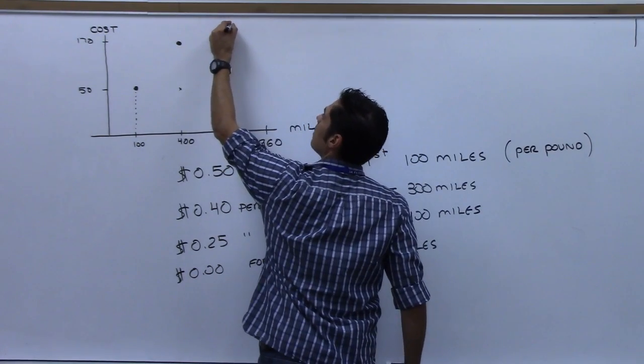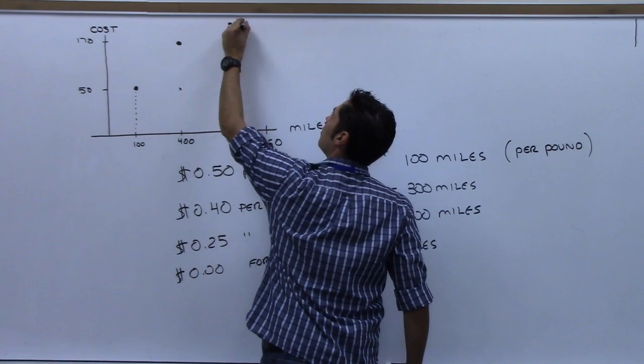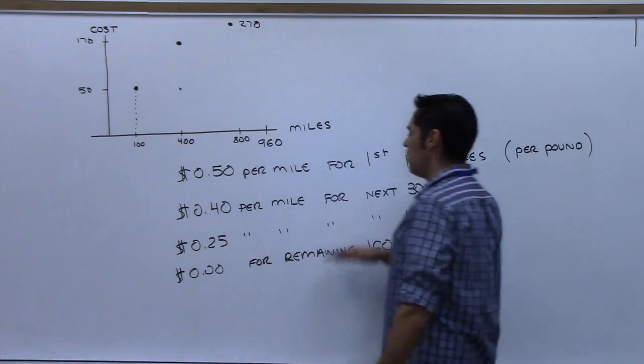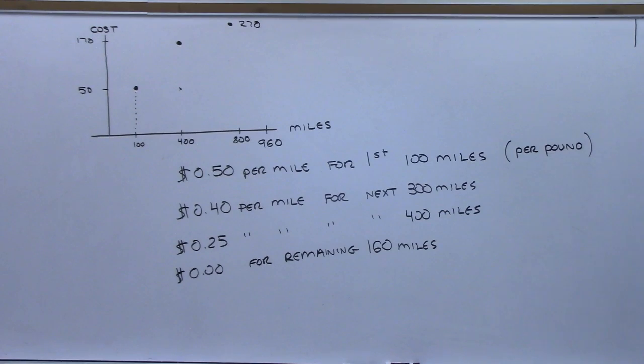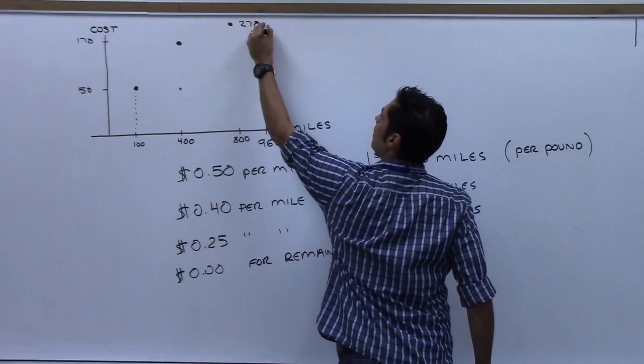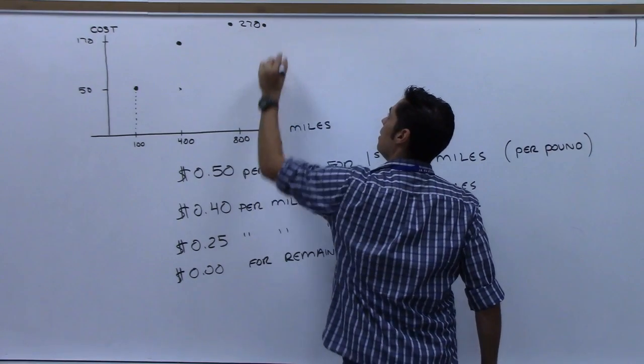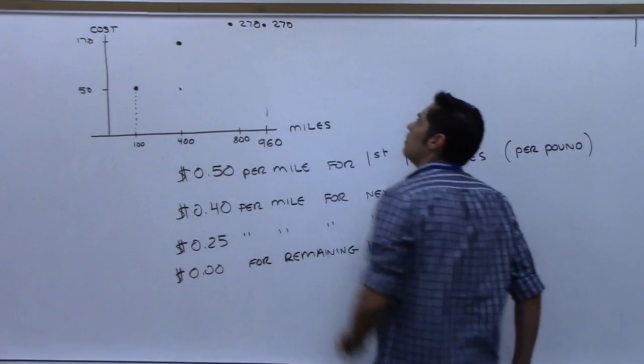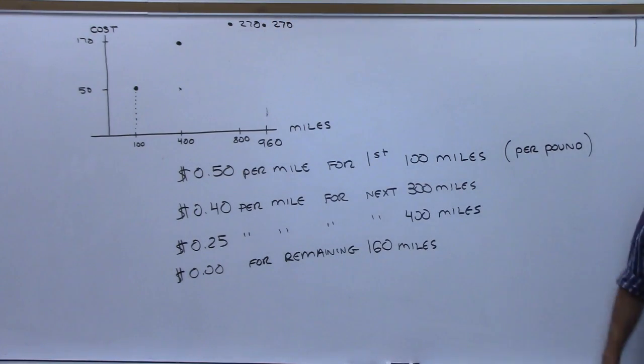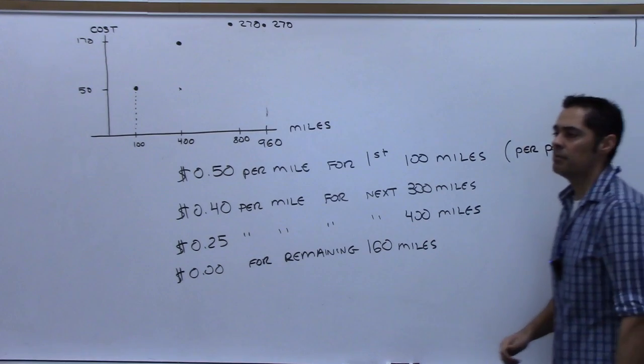I'm going to add to that, so we're going to be up at what? 270. And then for the remainder of the trip, it's free. So at the end of the trip, I'll be here at what? Still 270? So if I ship 1 pound, that's how much it's going to cost me. Agreed? What if I ship X pounds?